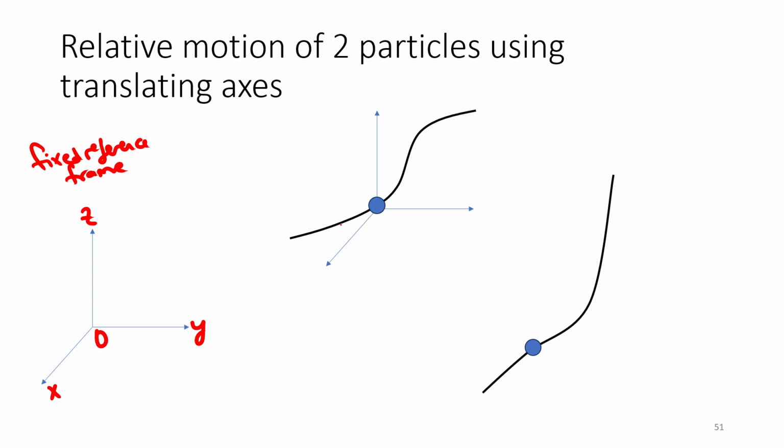Okay. And then this one is particle A, and that particle moves along the path here. Let me show it, so as you can notice, it moves along this path. And this one is particle B. And this particle moves in this path.